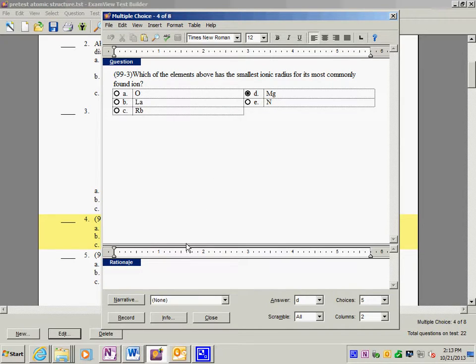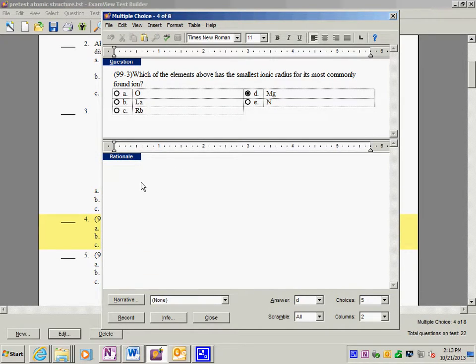The ions they would form would be, in this case, oxygen -2. We would have nitrogen, which would be -3, and then we would have magnesium, which is going to be 2+.